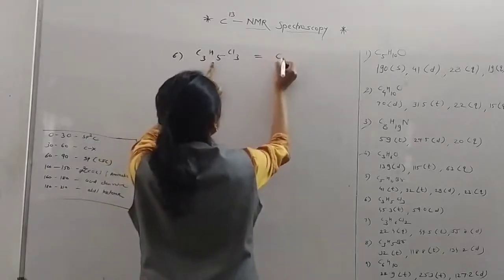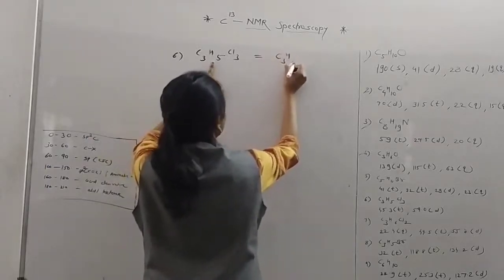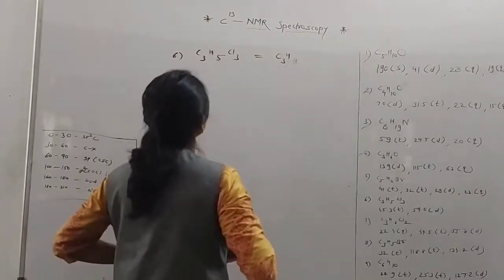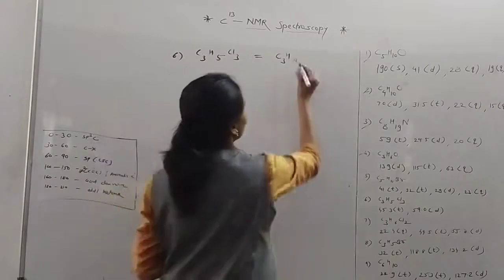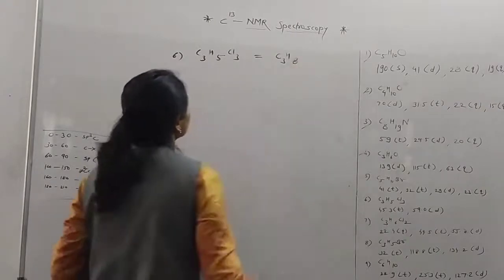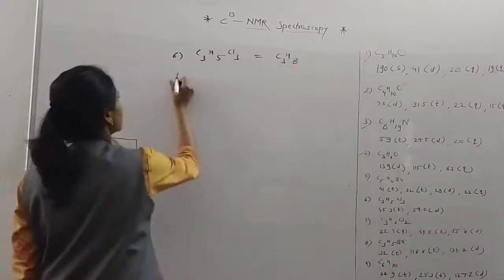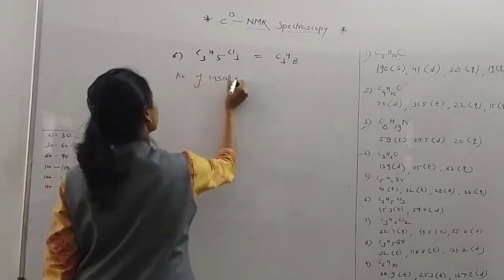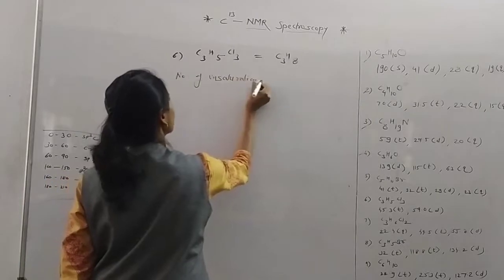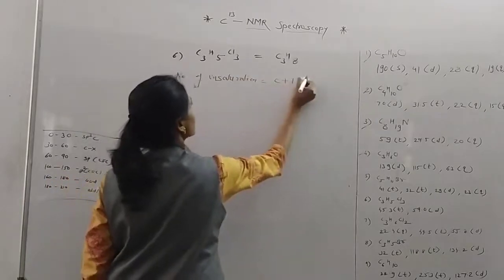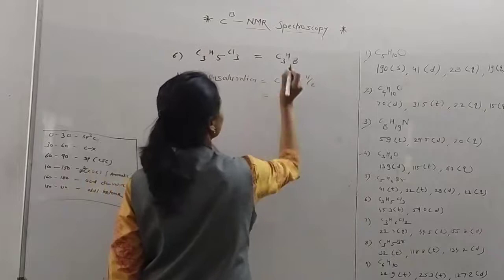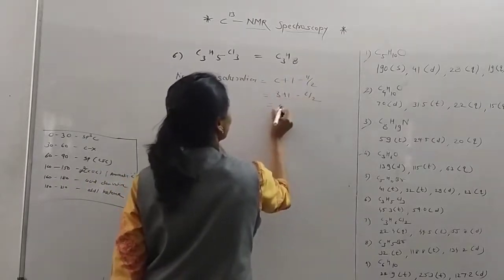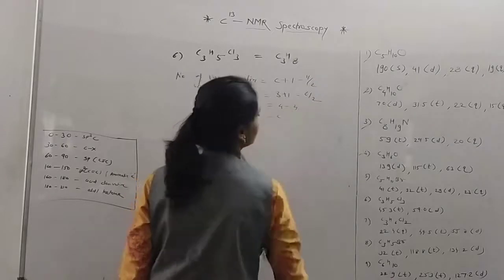Then C3H8. So first we write down the number of unsaturation. C plus 1 minus H by 2. According to this, 3 plus 1 minus 8 by 2. 4 minus 4, 0.